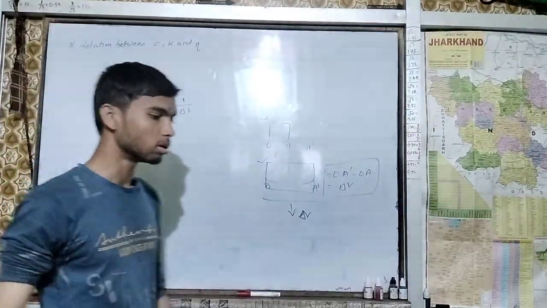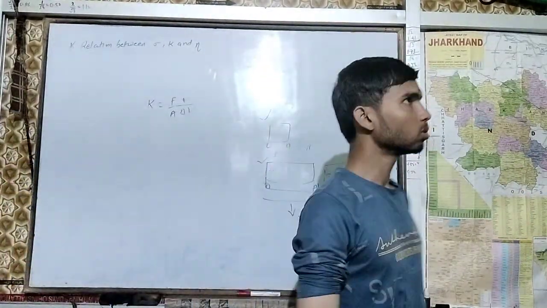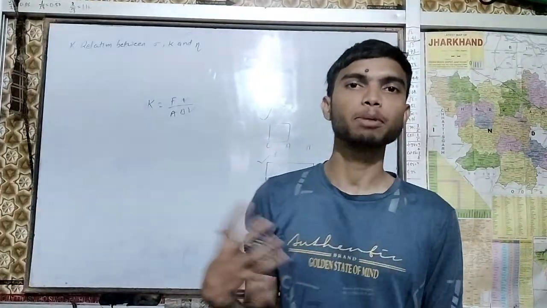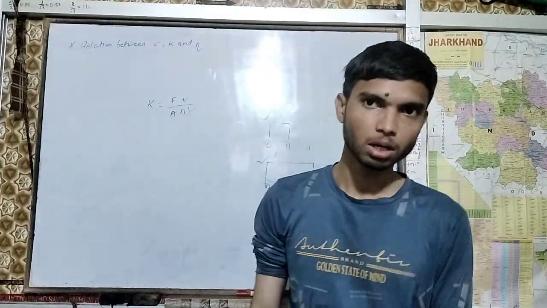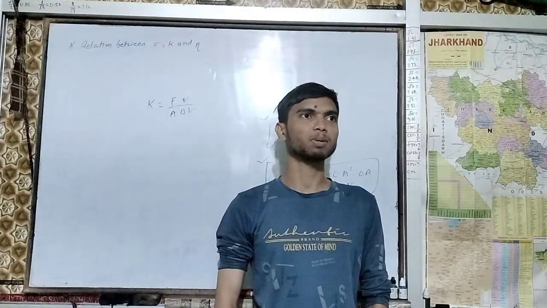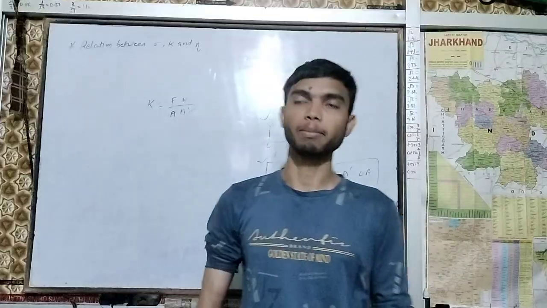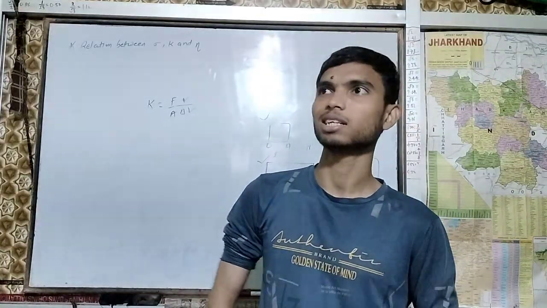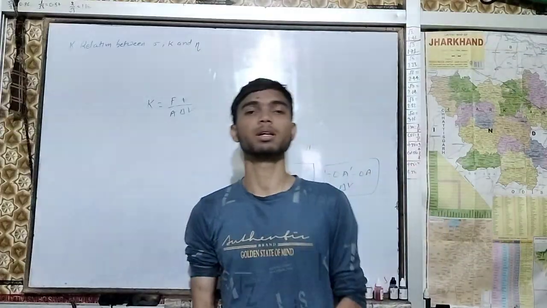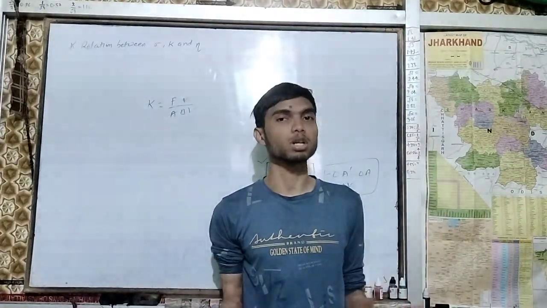Bulk modulus tells you how much an object can be compressed. Let's suppose in the chapter on mechanical properties of fluids, we say that you should have an ideal fluid, means incompressible fluid, where the fluid cannot be compressed.